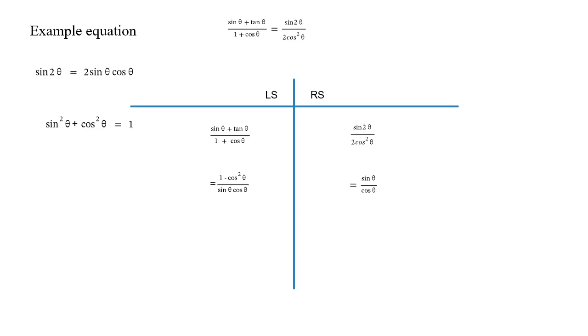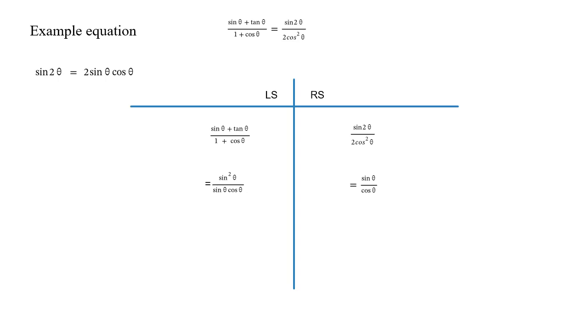Now, on the top here, we can once again use our Pythagorean identity, seeing as on the top we have 1 minus cosine squared theta, and as we know, 1 minus cosine squared theta is equal to sine squared theta, so we can now replace that. So now we have sine squared theta on the top, and on the bottom we still have sine theta times cosine theta.